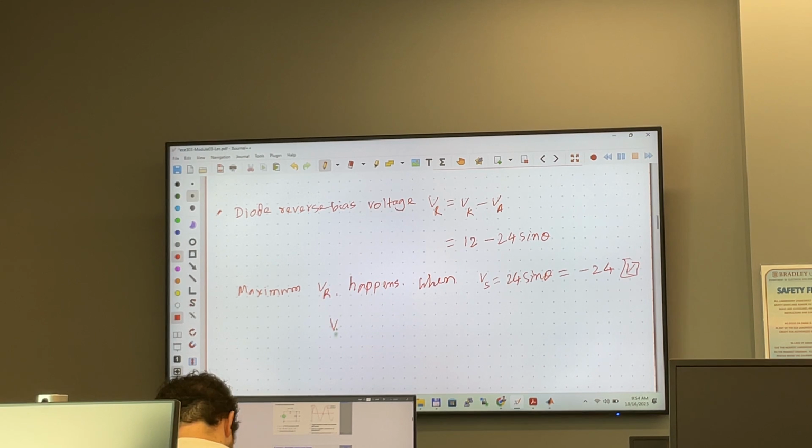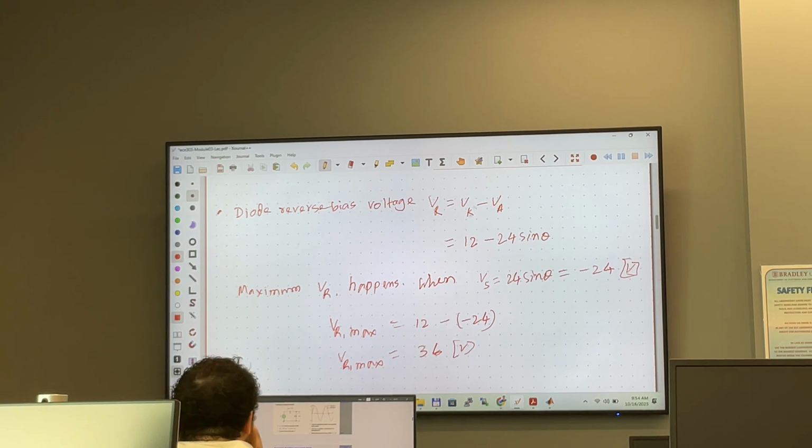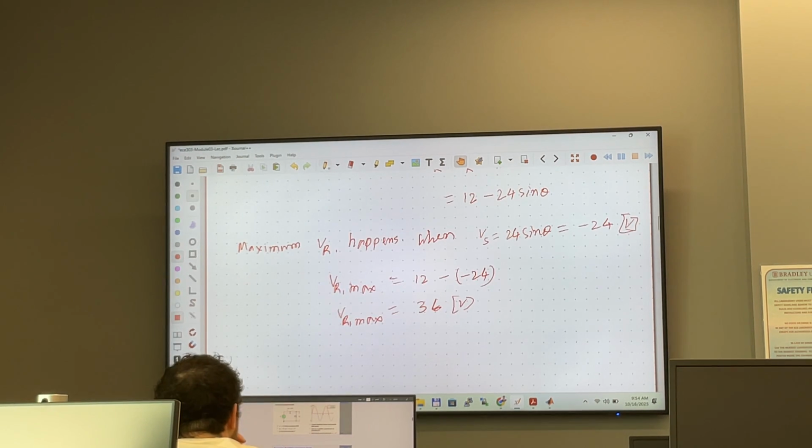So VR max is going to be 12 minus negative 24, which is 36. So VR max is going to be 36. That's the final answer.